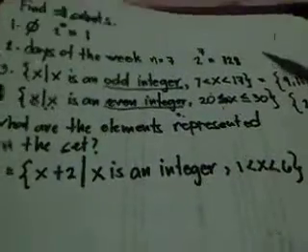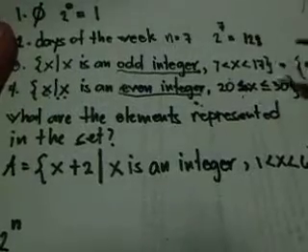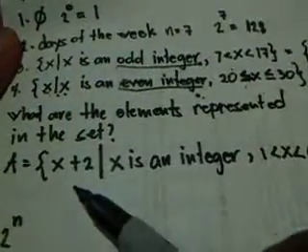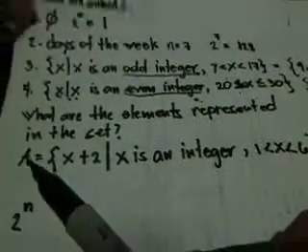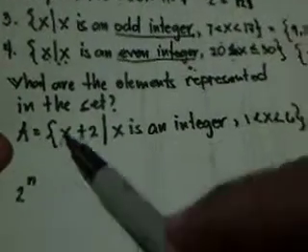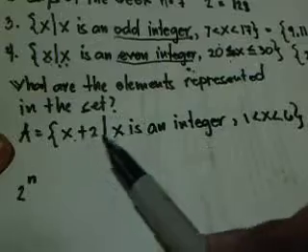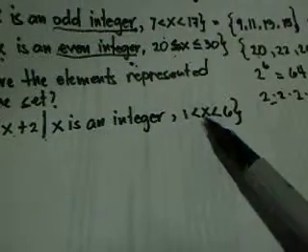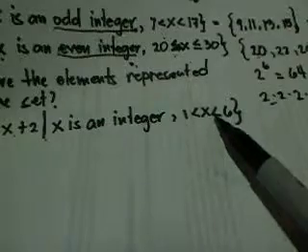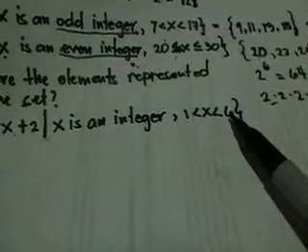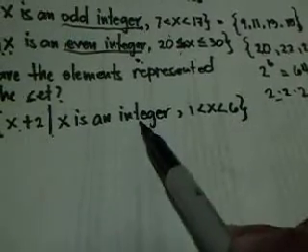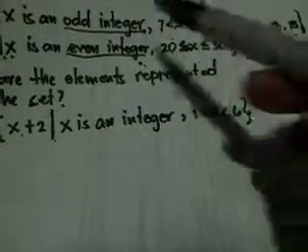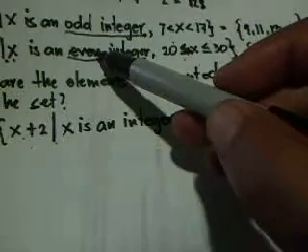Okay, how about this one? What are the elements represented in the set with this one? The set A is equal to the set of all x plus 2 such that x is an integer where 1 is less than x is less than 6. Remember that there is no restriction on what kind of integer; it is not odd or even.